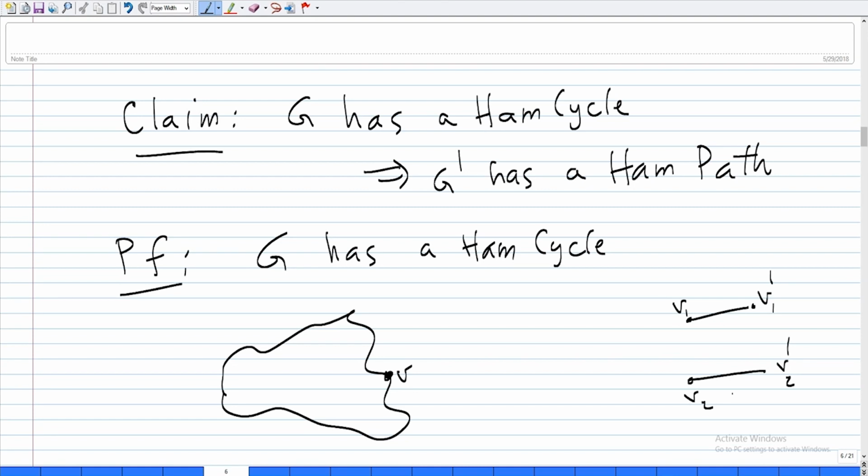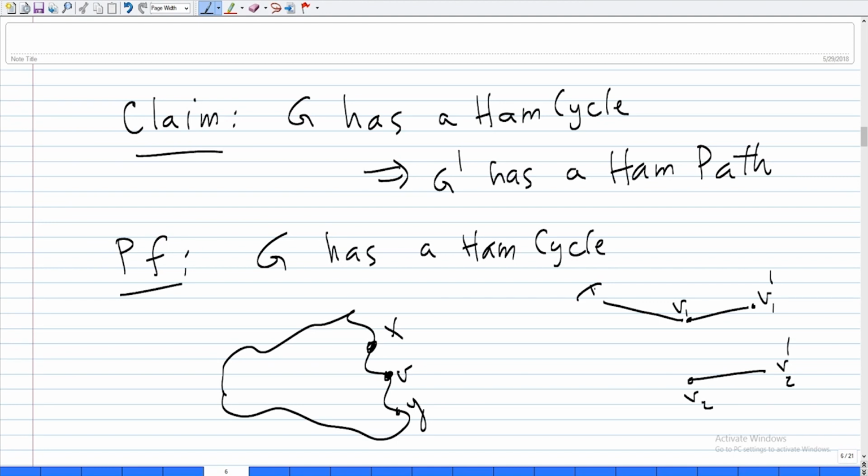In this Hamiltonian cycle, V has two neighbors, x and y. Remember, I am getting my Hamiltonian path from this Hamiltonian cycle. So V1 will go to x, but V1 may not be adjacent to x. V1 is adjacent to x. Why?